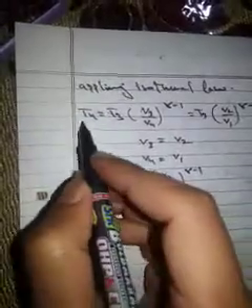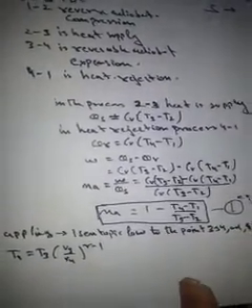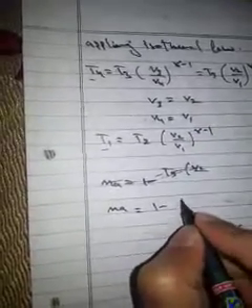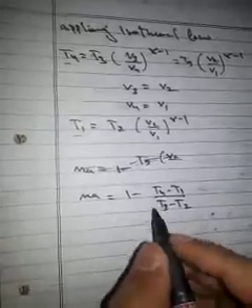So put these values of T4 and T1 in the equation of the efficiency of an Otto cycle, equation 1: 1 minus (T4 minus T1) divided by (T3 minus T2).